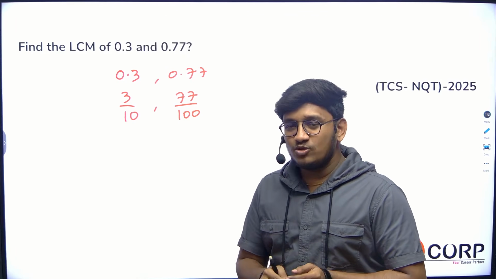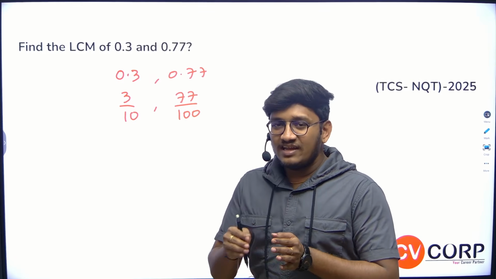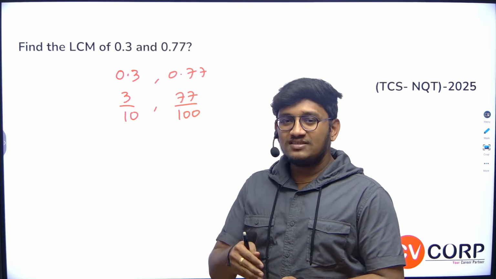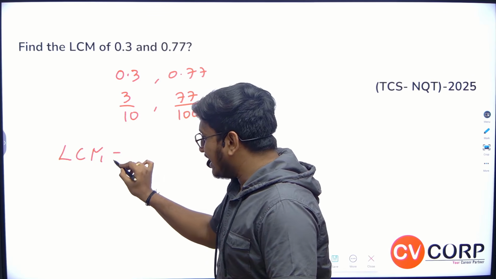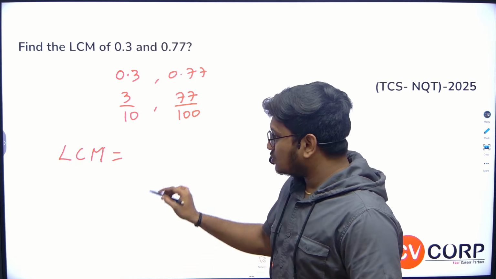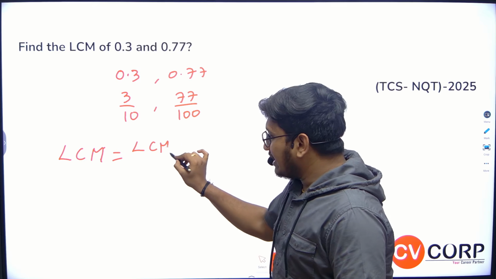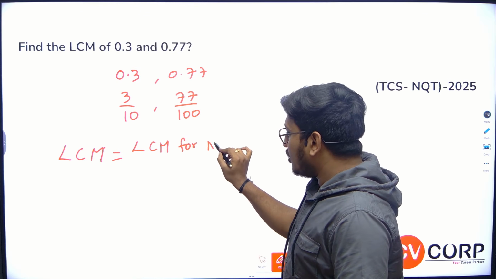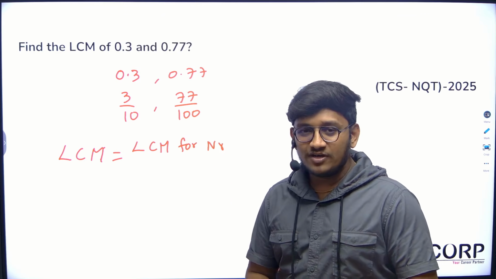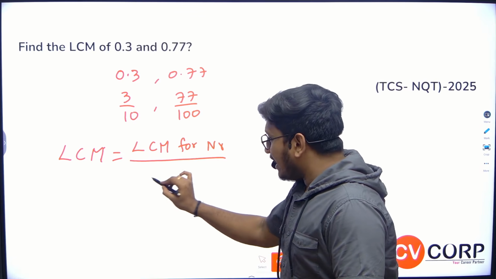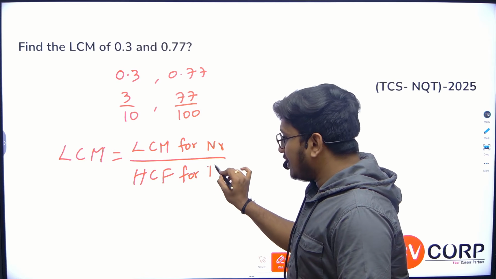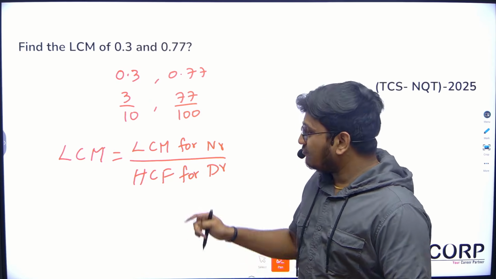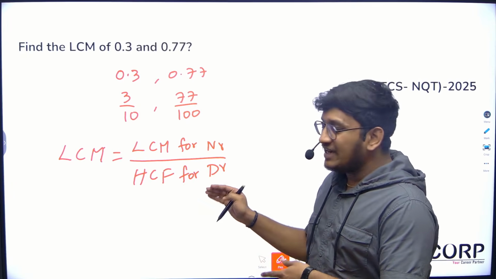Now let me tell you the formula for how to calculate LCM or HCF for fractions. If you are calculating LCM for the fractions, do remember you need to calculate LCM for the numerator values and HCF for the denominator values.